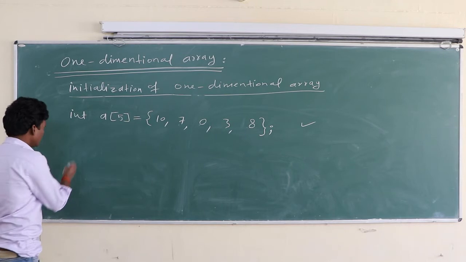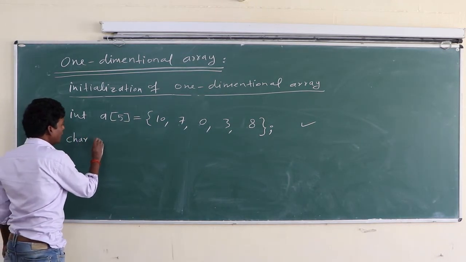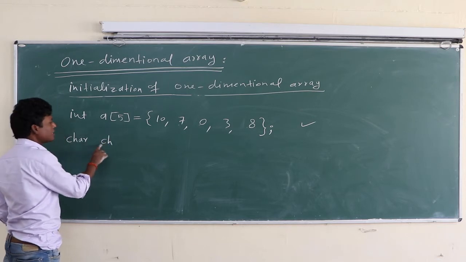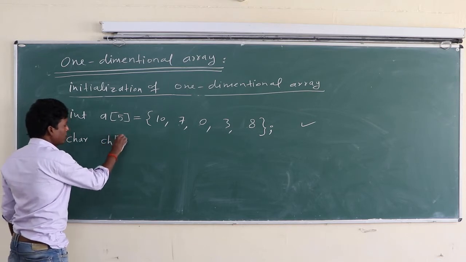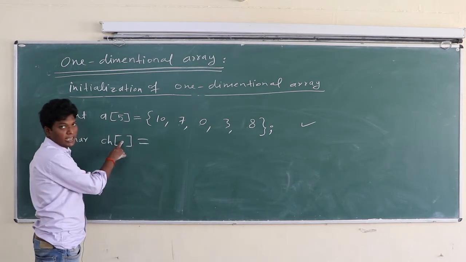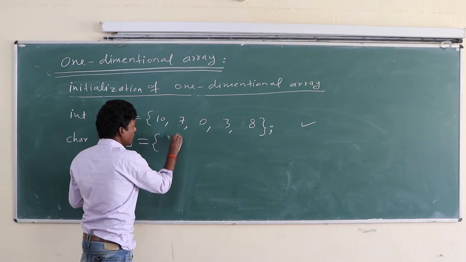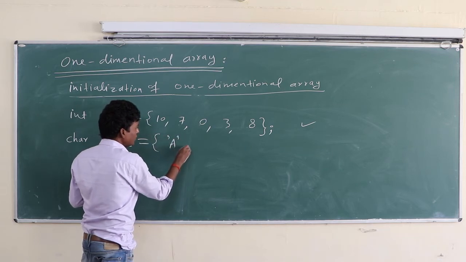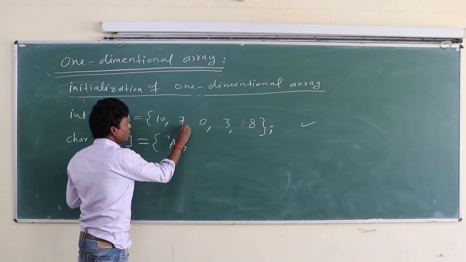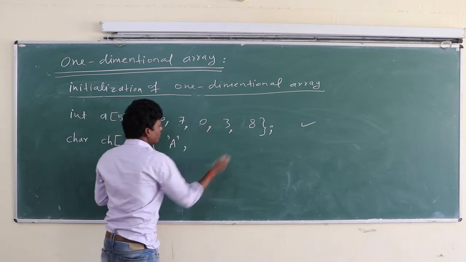Now suppose, class, the data type is char. So you write char ch. ch is an array. You did not mention anything here, but you write here character constants, separated by commas. Class, this is the comma.